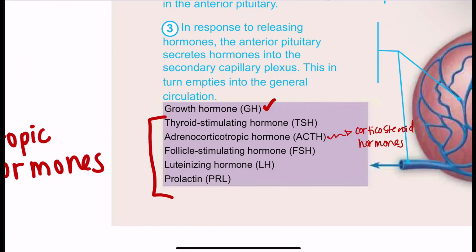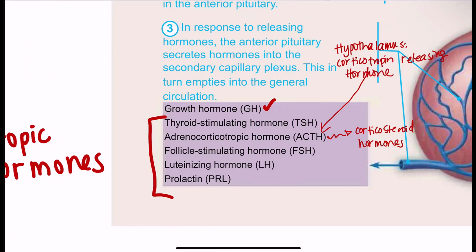And ACTH is released because the hypothalamus tells it to be released. And that release of ACTH from the hypothalamus is called corticotropin releasing hormone.